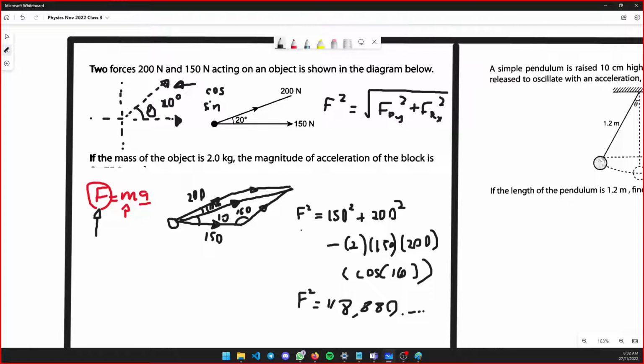Can we do it like 200 sine 20? We're using the cosine rule, so if you want to use the sine rule, I'm not sure if you can, because the object is downwards, so we equate them. Cannot. Okay, try, you get the answer.